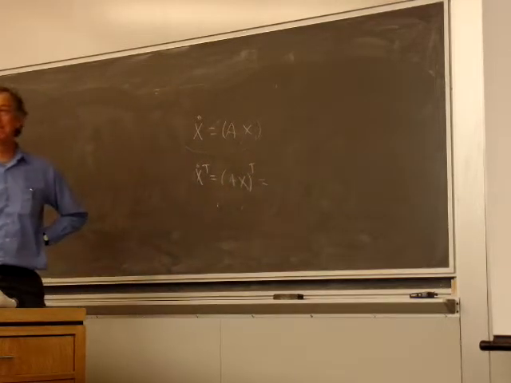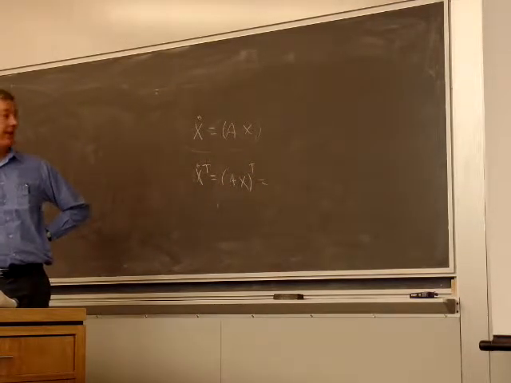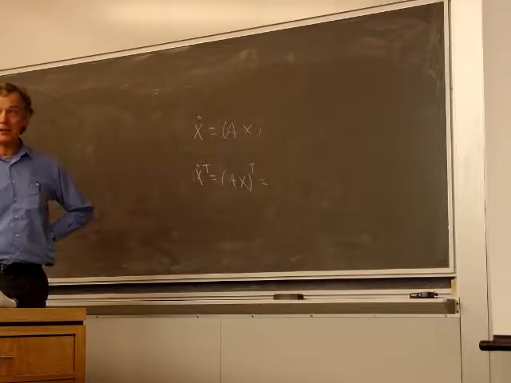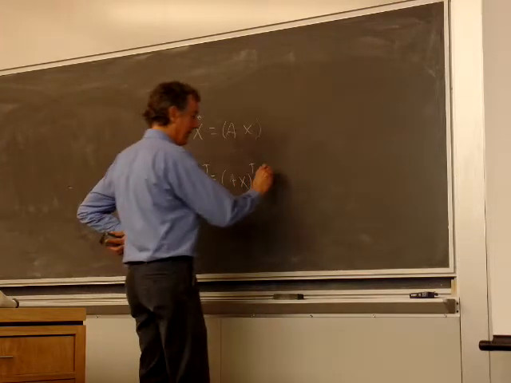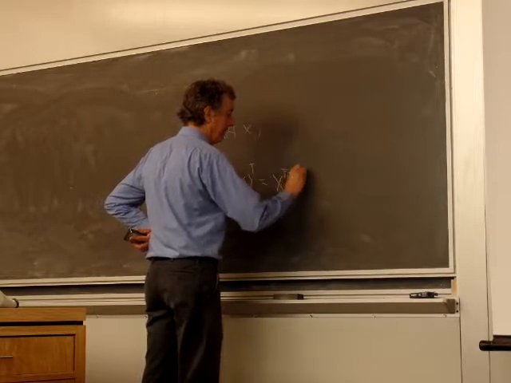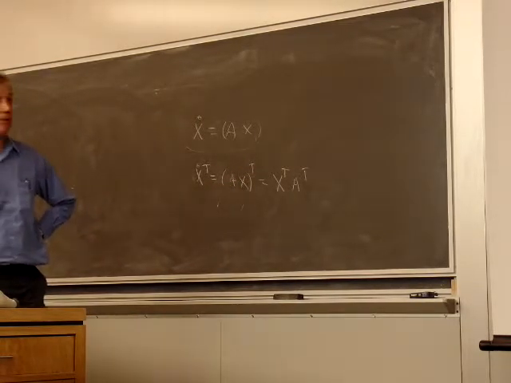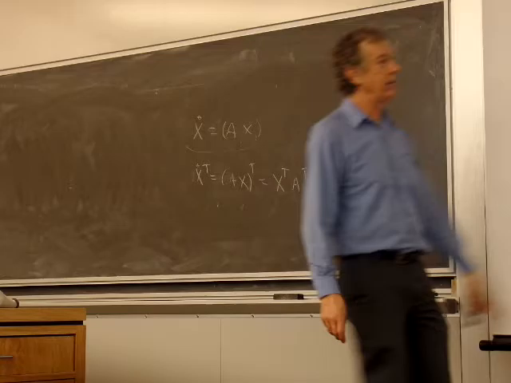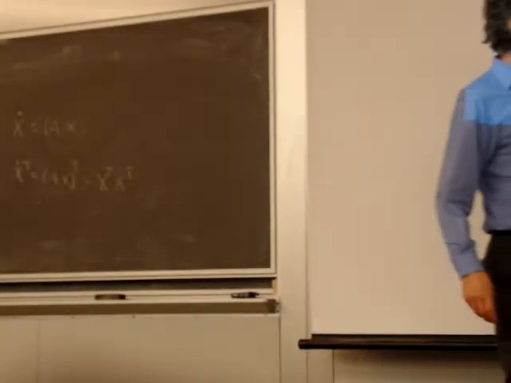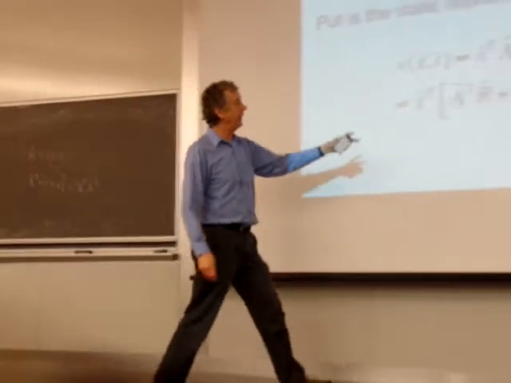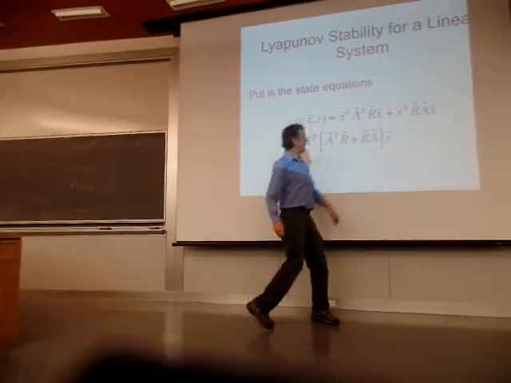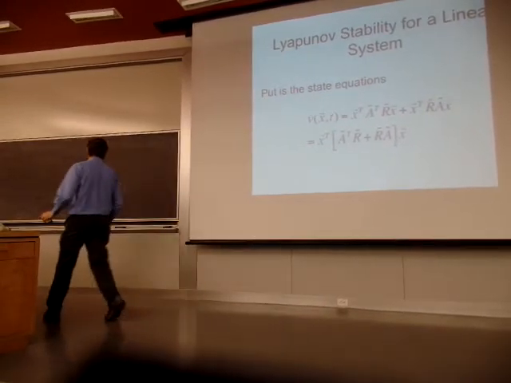What's that equal to? x transpose A transpose. I'm going to reverse things here, so I need to do that. That's why we get A transpose R plus R A. So, okay? Stop.